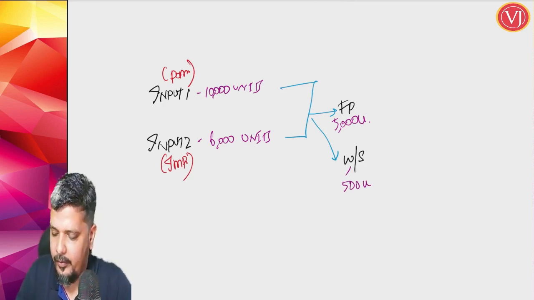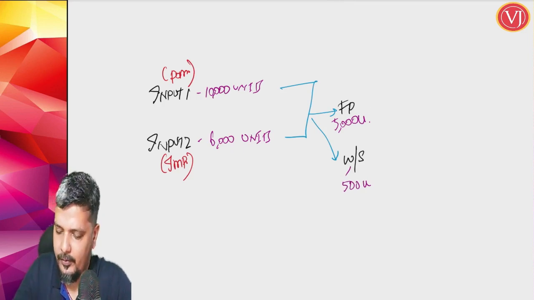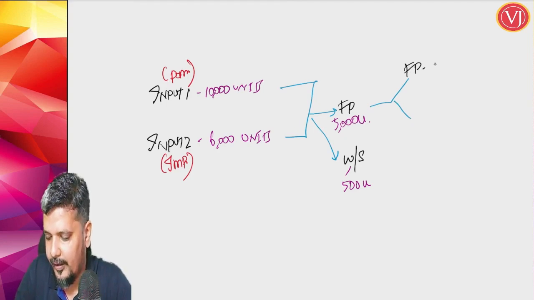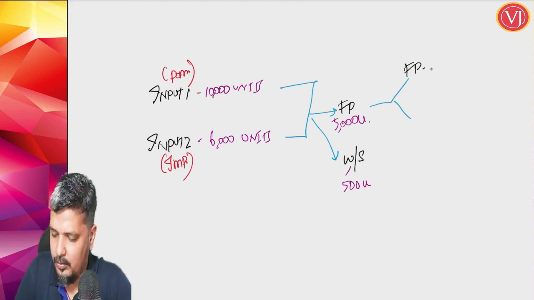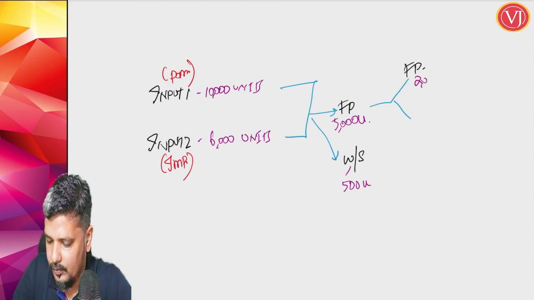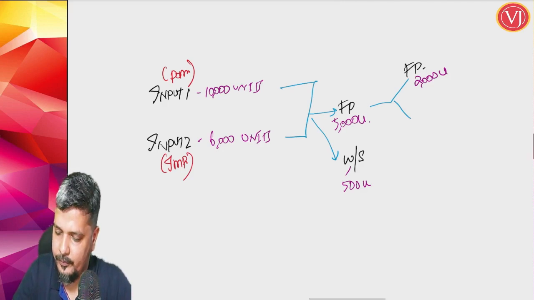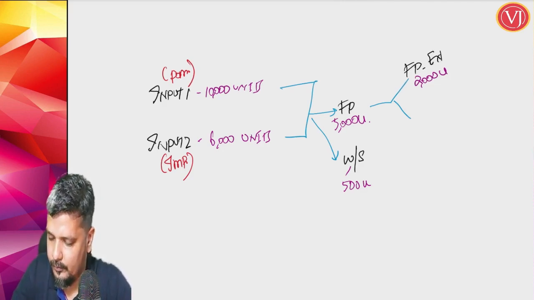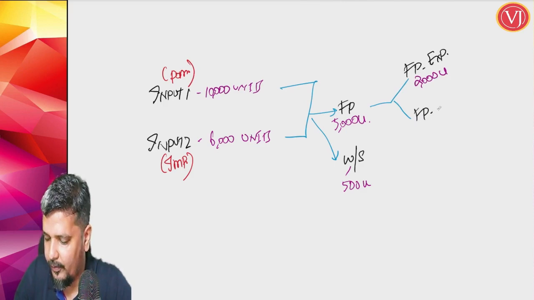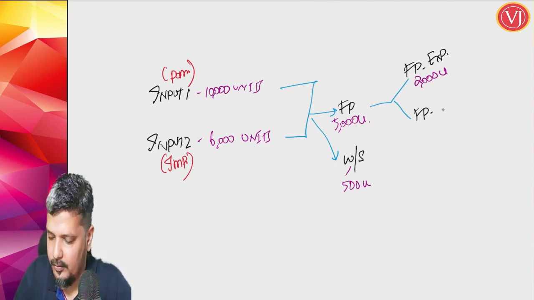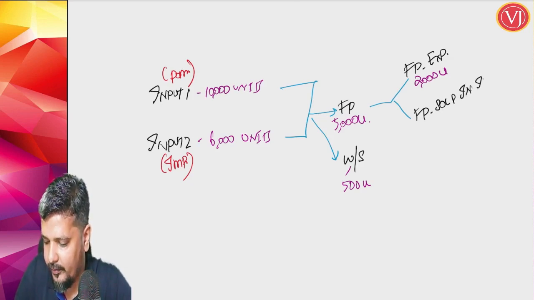Out of this final product, 5,000 units, final product of 2,000 units is exported and the balance final product 3,000 is sold in India.